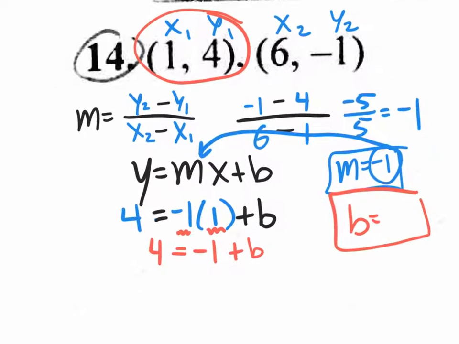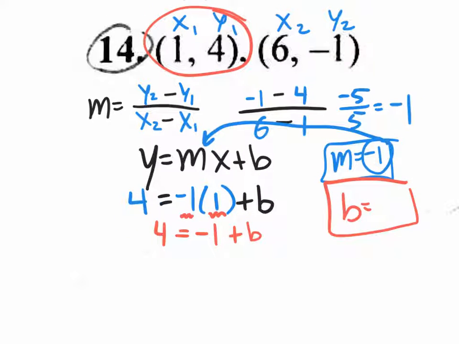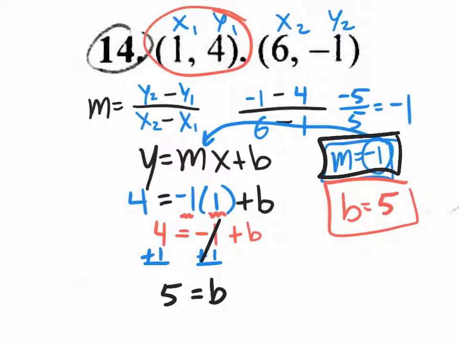Now you don't want a negative 1 plus b, you just want the b all by itself on the right side. So let's get rid of that minus 1 by going plus 1 and plus 1. So that cancels, and b equals 5. So if b equals 5 and m equals negative 1, I can now write my equation in slope-intercept form.